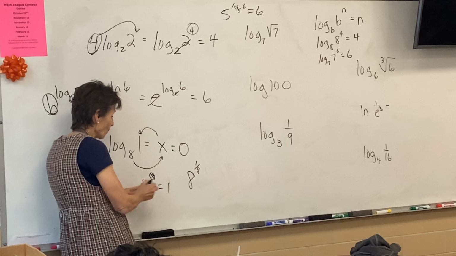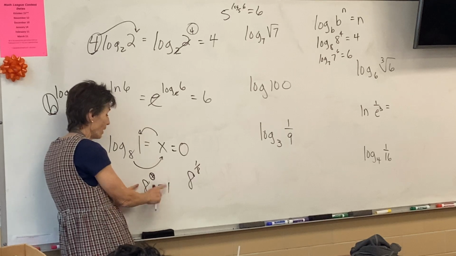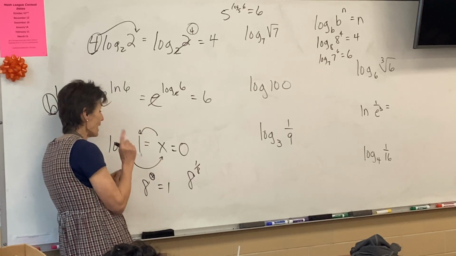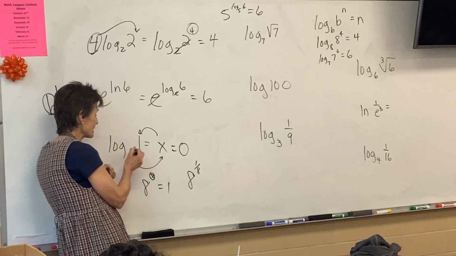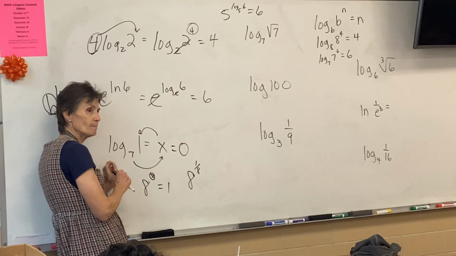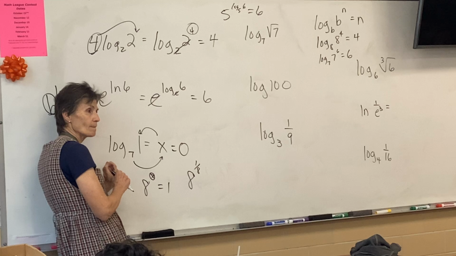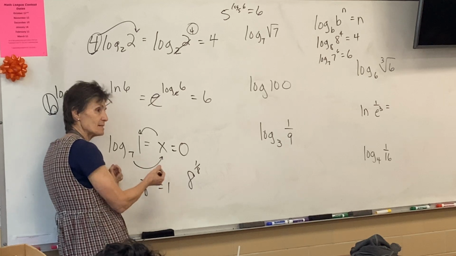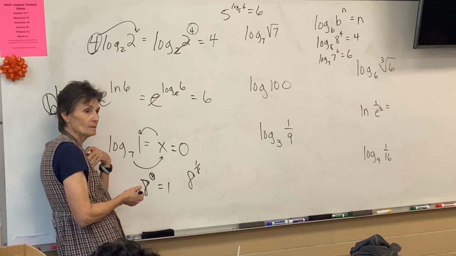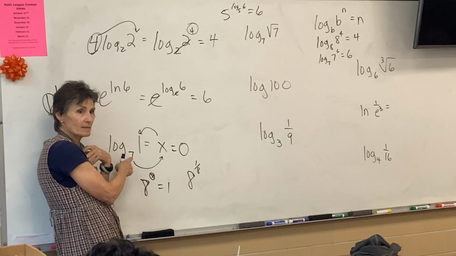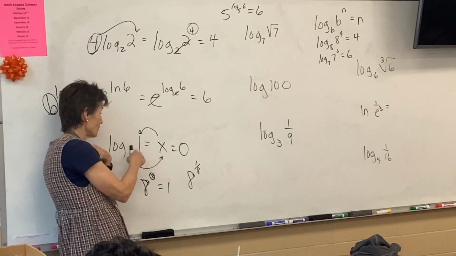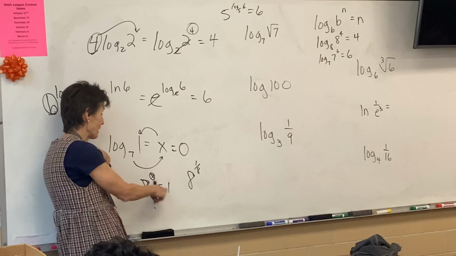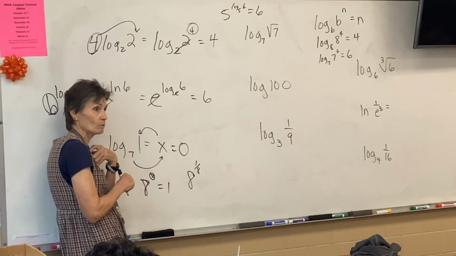The only power we can raise it to and get 1 is 0. And what would happen if that were a 7? Would that change anything? No, because now it's 7 to the 0, but isn't that still 1? And whatever that is, if you're going to get a 1 out of it, you're going to have to raise it to the 0th power.